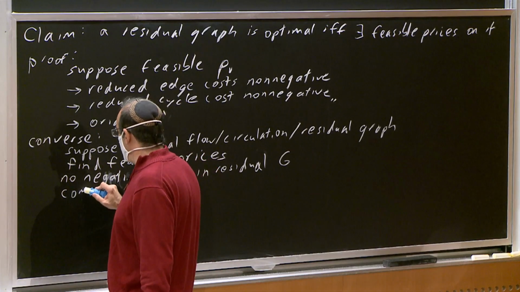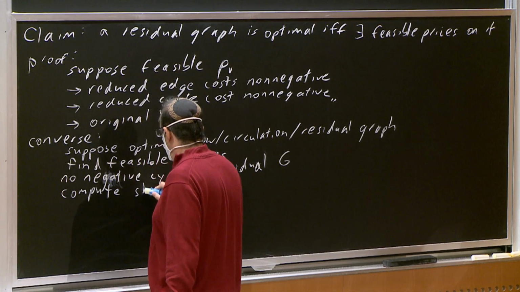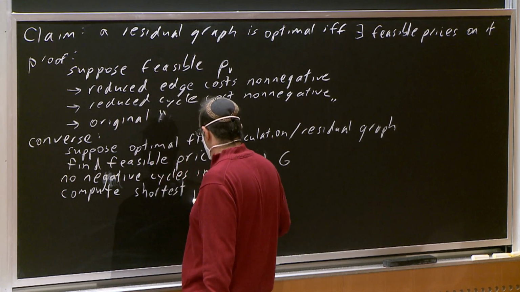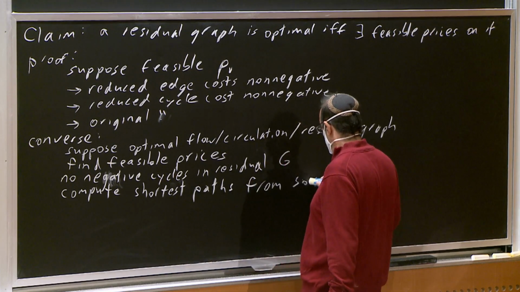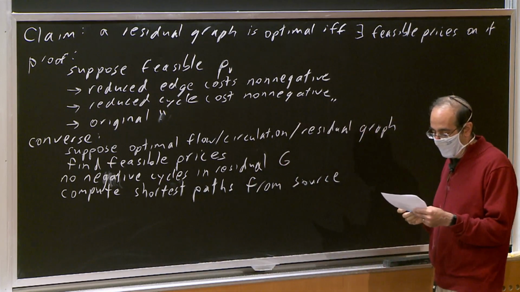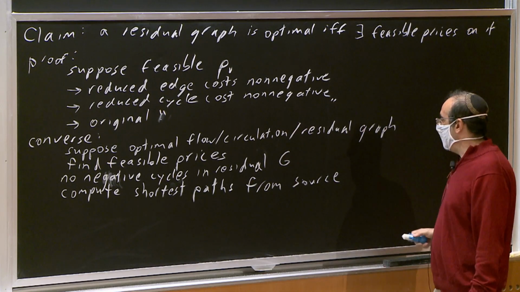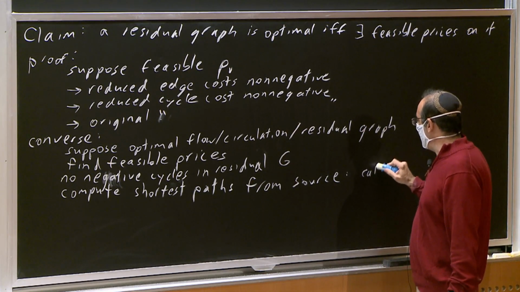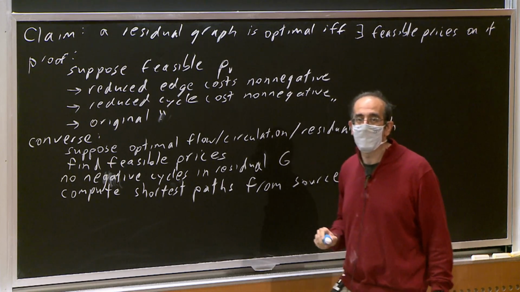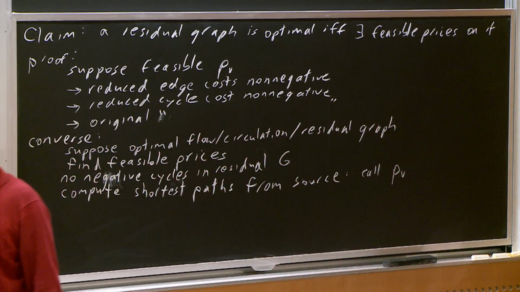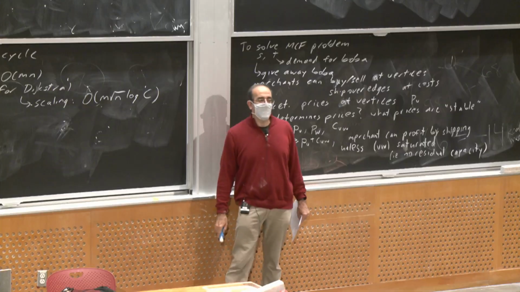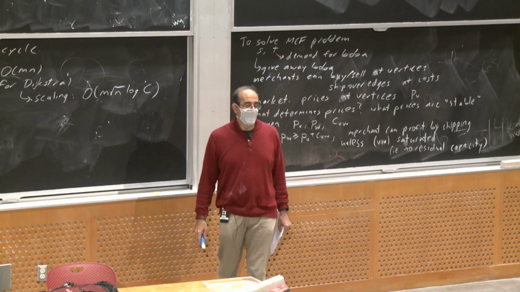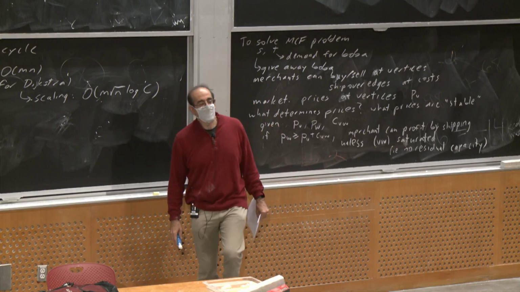So let's compute shortest paths from the source. Okay. And let's just call them P sub v. So the price we set on vertex v is the length of the shortest path from S. Now, why does that make sense as a price?